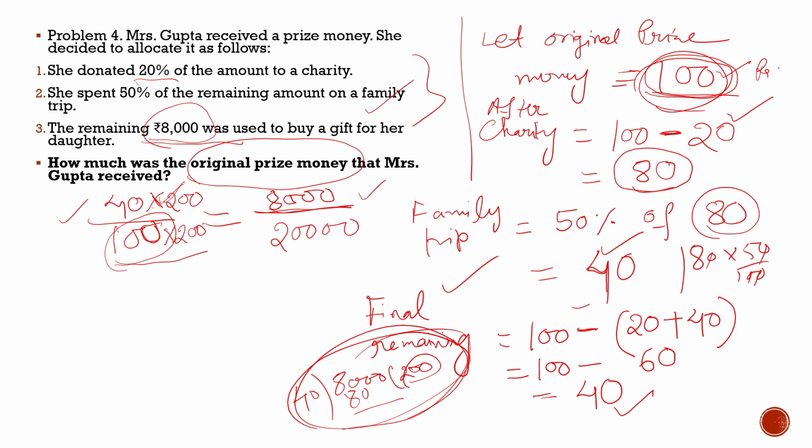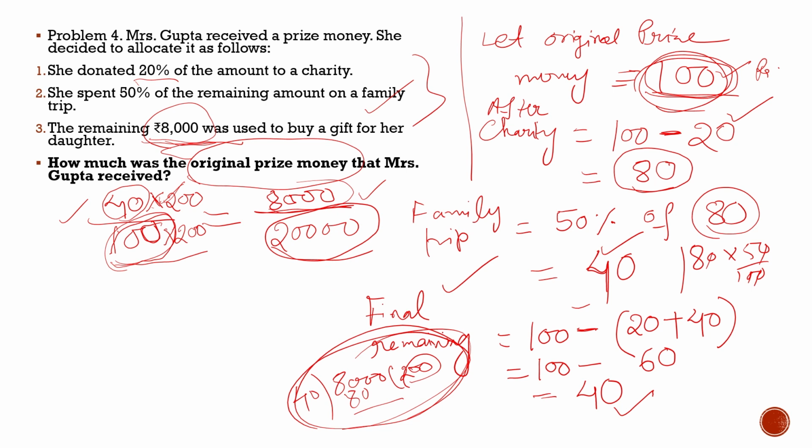So by applying this method of proportionality, you can find out the original prize money. Because when your original prize money was 100, your remaining amount is 40. And in the text it is given that the remaining amount is 8,000, but you don't know the original prize money. So this second term is absent.